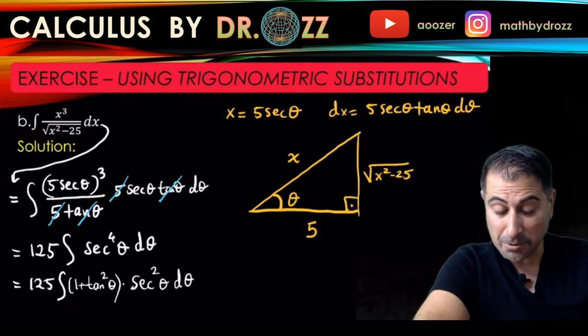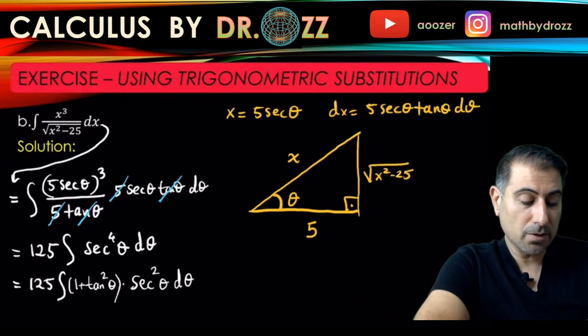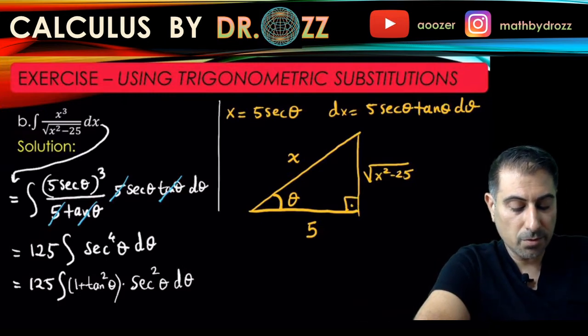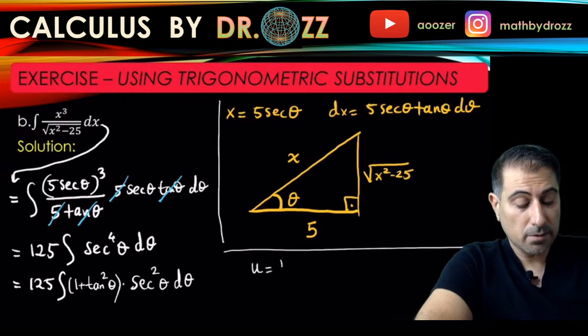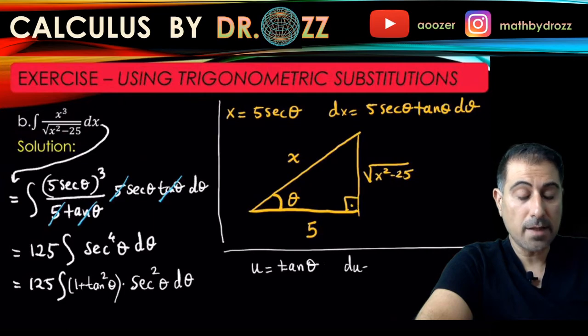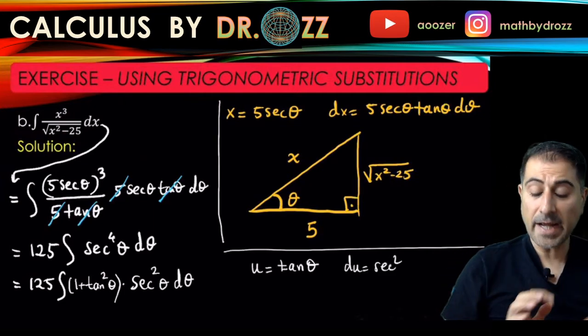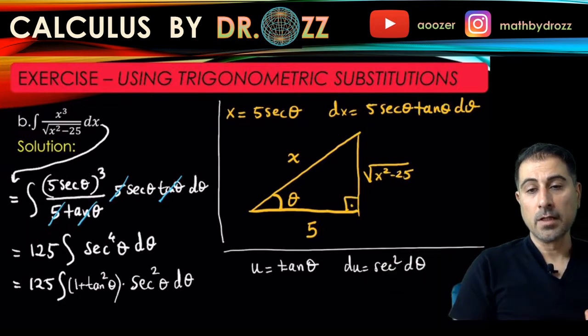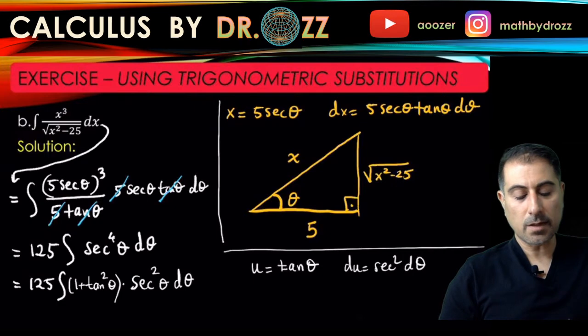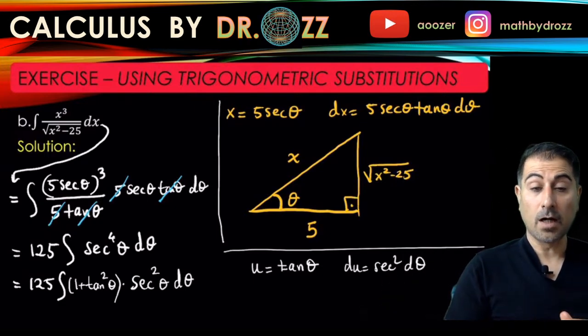We have a lot of substitutions going on here, so let's be careful. I'm going to do a u substitution of u equals tan theta, so that du is secant squared theta d theta. This was the whole rationale of applying the recipe over there, just to call tan theta u, so that secant squared theta d theta is going to be just du.